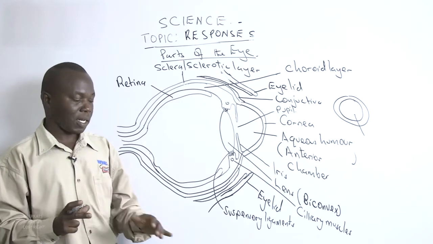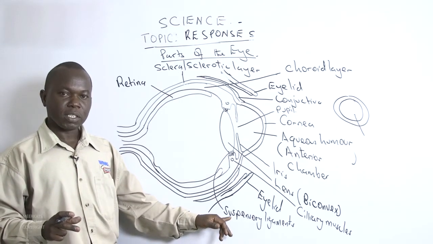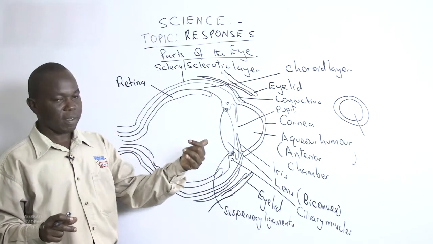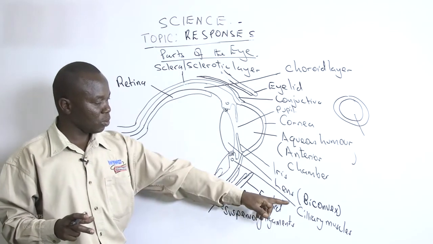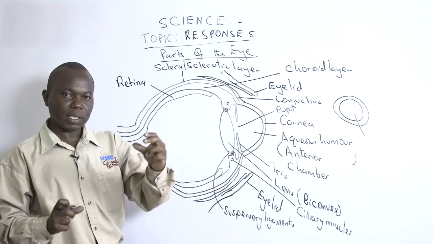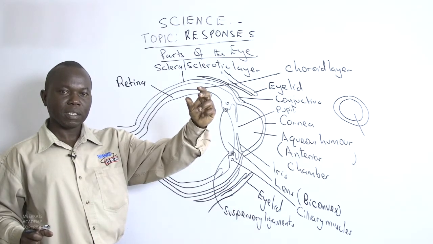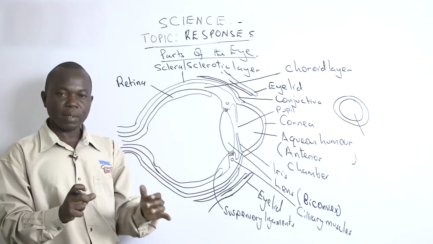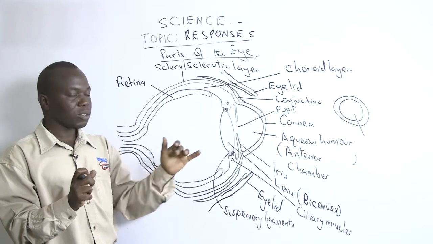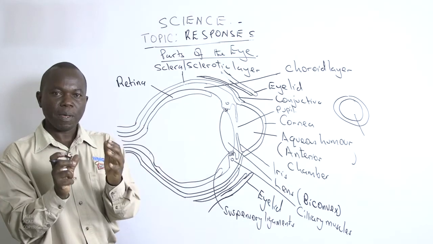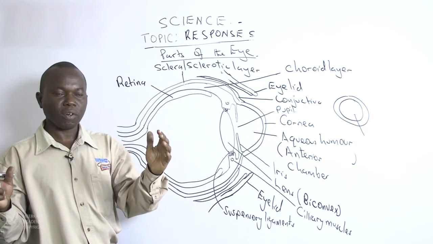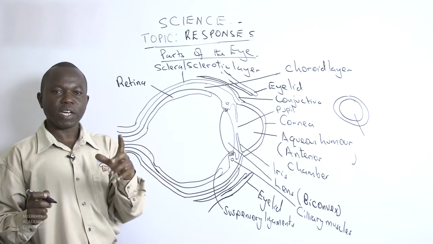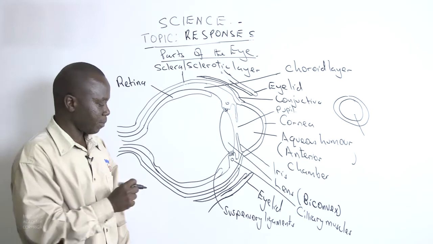When they contract and relax, they bring about tension on the suspensory ligaments, which will transfer the same tension to the lens. So the lens can lengthen, decreasing the focal point, or when the suspensory ligaments relax, the lens goes back to its normal position, increasing the focal point. All of that is to bring about refraction of light.